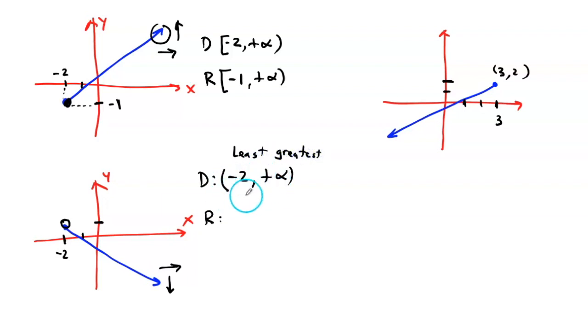Every time I'm doing my interval notation, the value on the left is the least, the smallest value. The value on the right is the biggest value. Smallest, biggest, smallest, biggest, all the time. So now we're looking at the range, which is our y-axis. So should I start here at 1? No, that's your highest value, right?